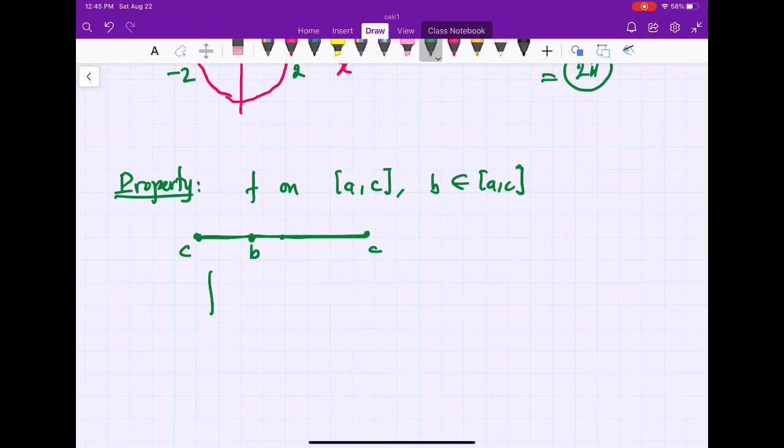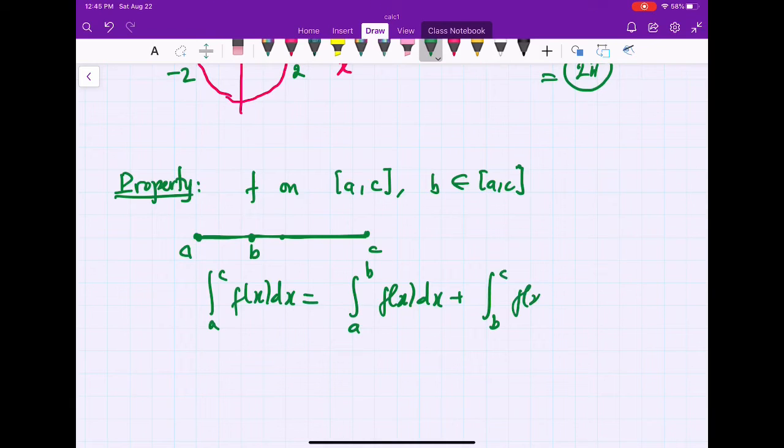In that case, the integral from A to C of f of x dx equals the integral from A to B of f of x dx plus the integral from B to C of f of x dx. Agree? That is a very straightforward consequence of the additivity of Riemann sums.